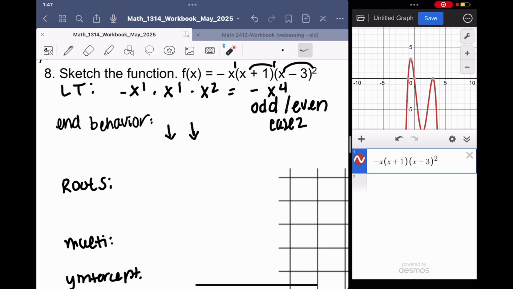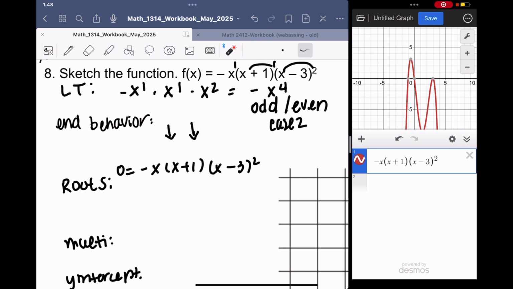So when we look at the roots, we're looking at the zeros. When we look at our zeros, remember we write everything equal to 0. So if I rewrite my equation, it's 0 equals negative x times x plus 1 times x minus 3 squared.